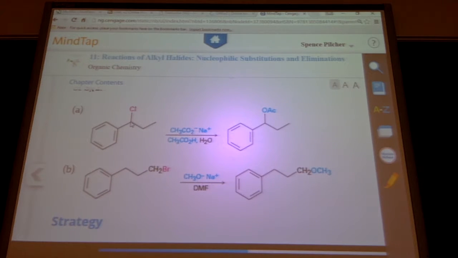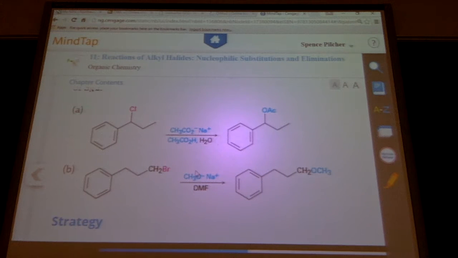It's secondary, and it's benzylic, so it's adjacent and can stabilize that positive charge. Plus I have polar protic solvents. Remember, polar protic solvents don't work well for an SN2 mechanism. So since it's secondary, benzylic, and polar protic solvent, that's going to be an SN1. So I get the racemic mixture there.